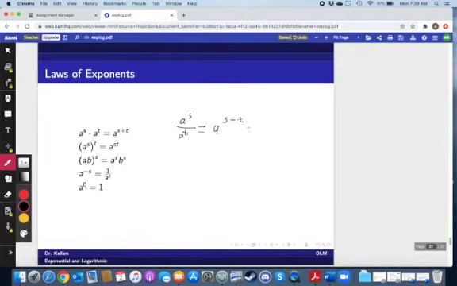The reason it's not written here is because we can write it as a to the s plus negative t, which is the same thing as a to the s times a to the negative t. So in essence, it is the exact same thing as our multiplication property.